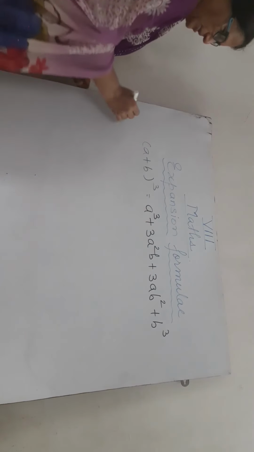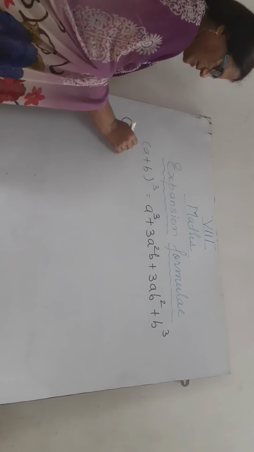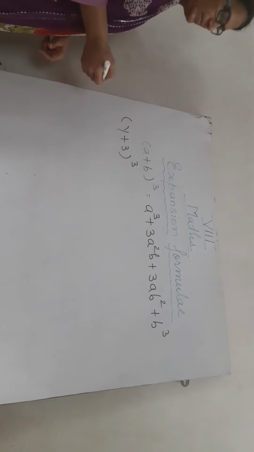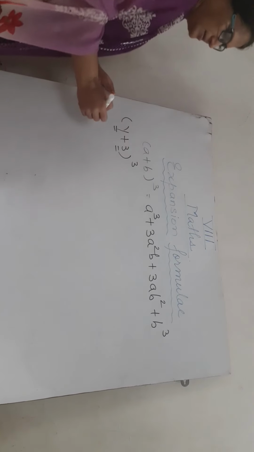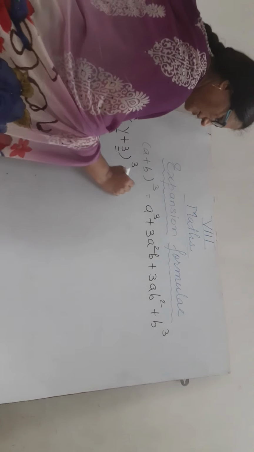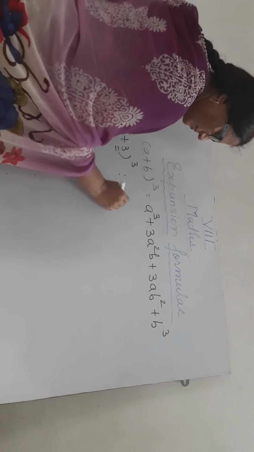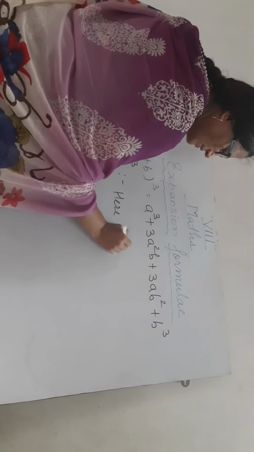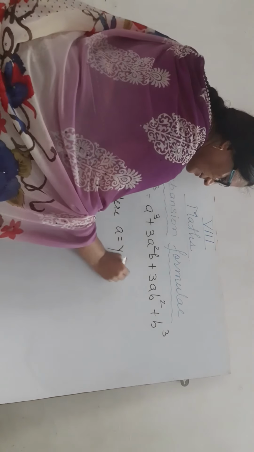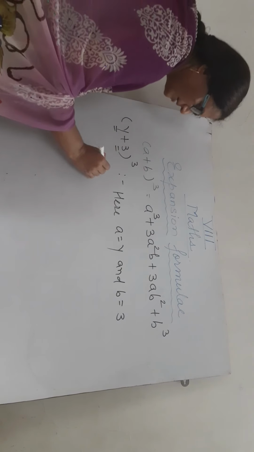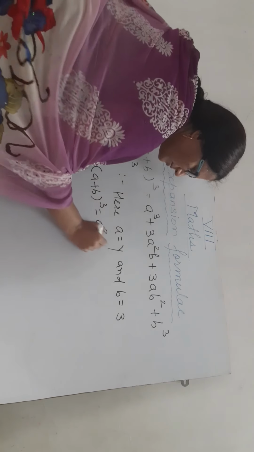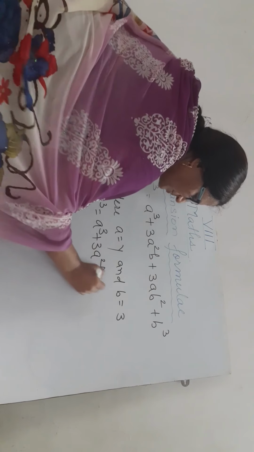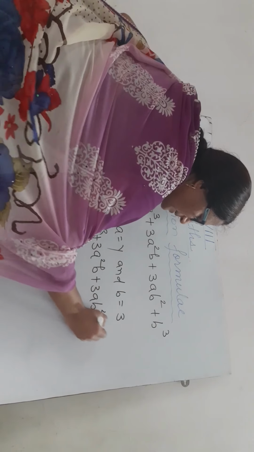Now solve the example: (y plus 3) whole cube. Here A is y and B is 3. Therefore, formula (A plus B) whole cube is equal to A cube plus thrice A square B plus thrice A B square plus B cube.